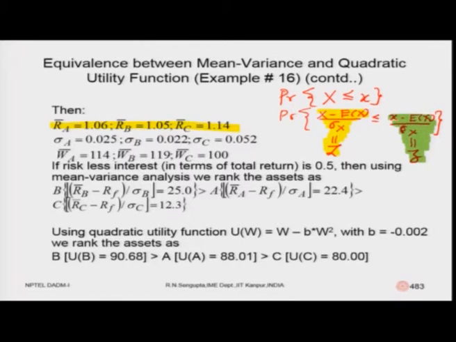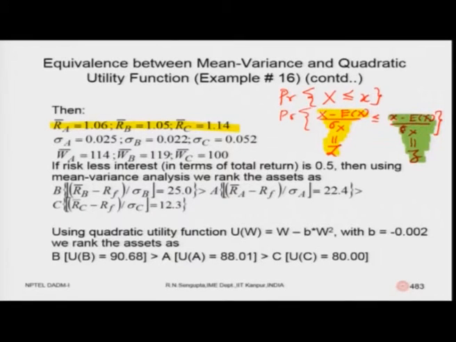The values would change, but the relationship between A, B, C would come out to be the same. The utility of B comes out to be 90.68, which is better than the utility of A, which is 88.01, which is still better than the utility of C, which is 80. So, B is better than A, which is better than C, considering the quadratic utility function you are using.